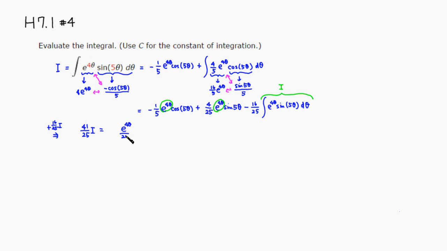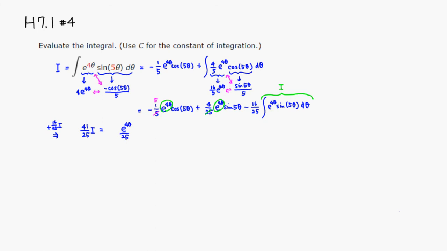If you pull out 1 over 25, you would have to multiply by 5, so you're going to have 5 there.